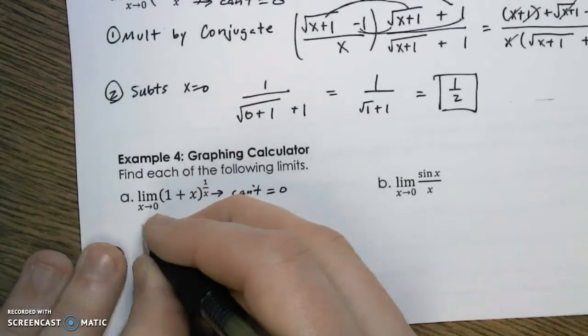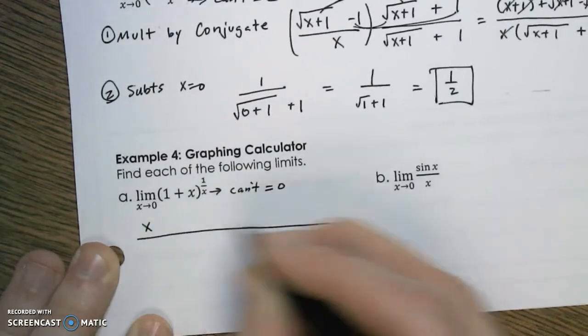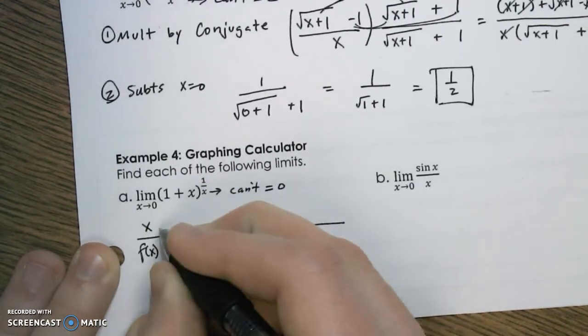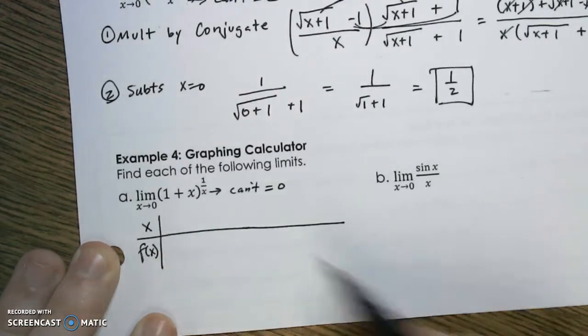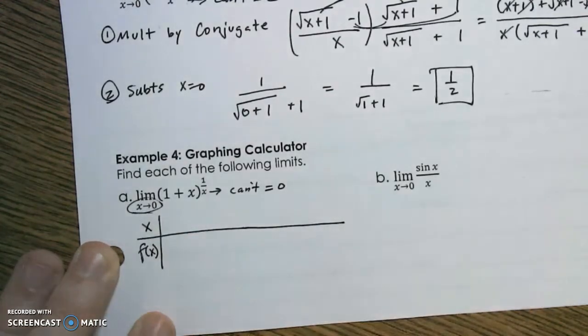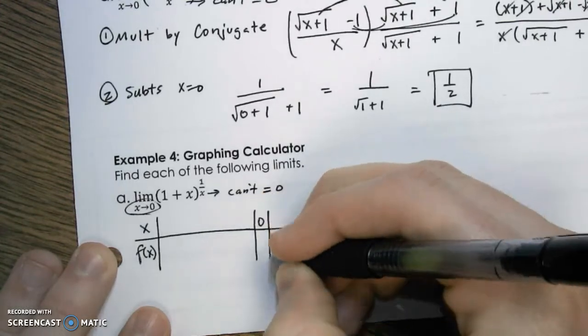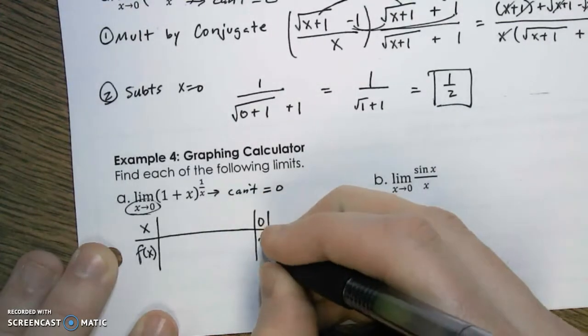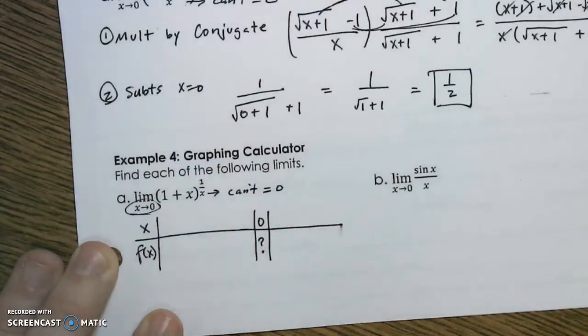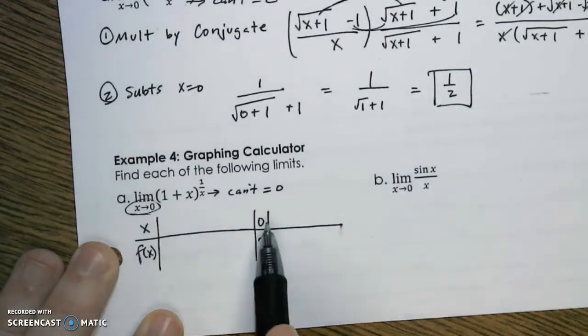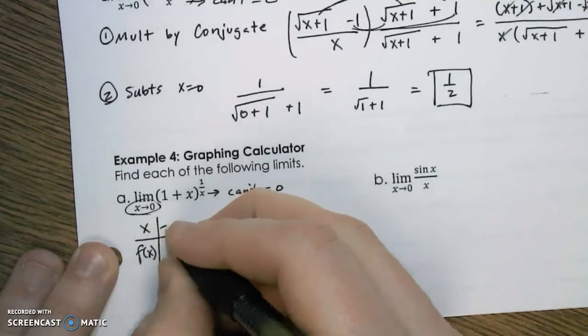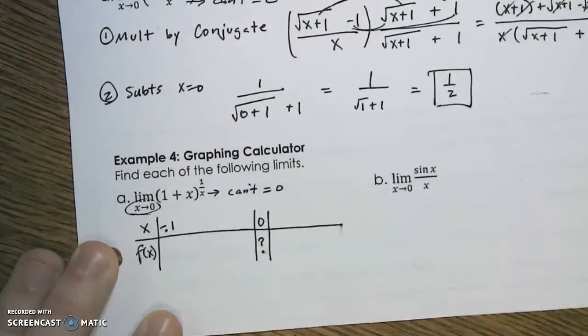So I made a table. And I'm approaching 0. So that is my center number that I want to get closer to. And so that's what I'm looking for. I want to know what happens at 0. And so I did a number smaller than 0, which is close, negative 0.1.